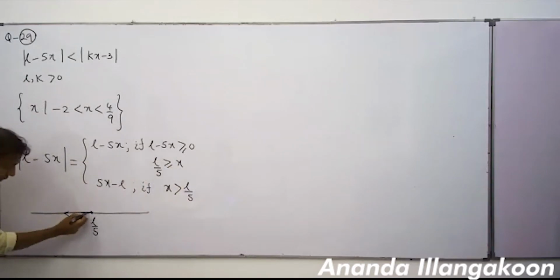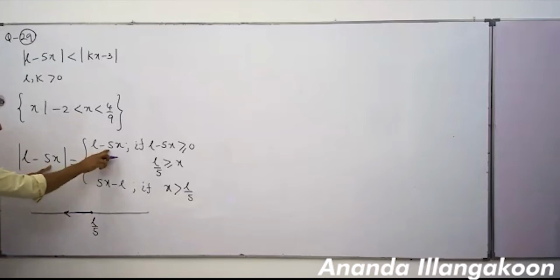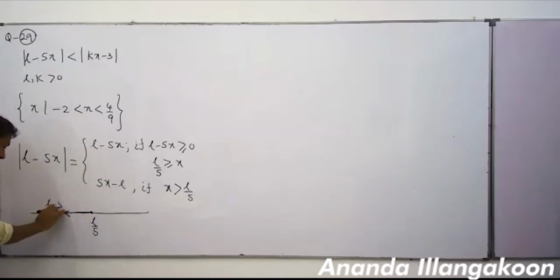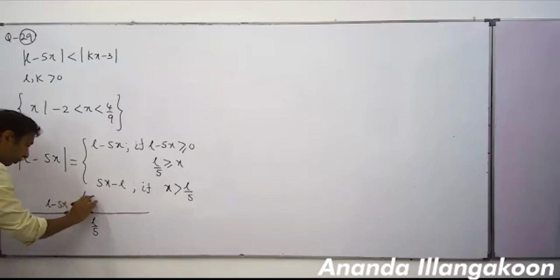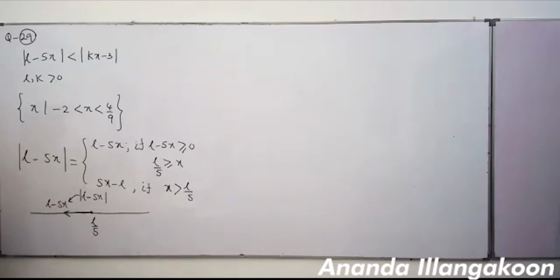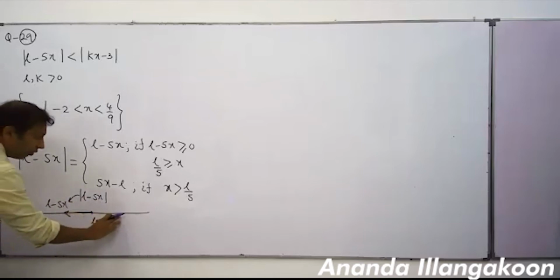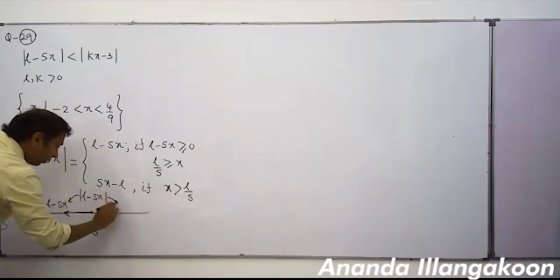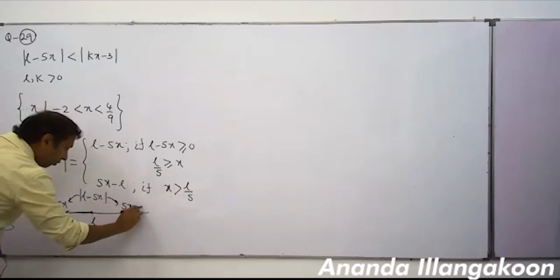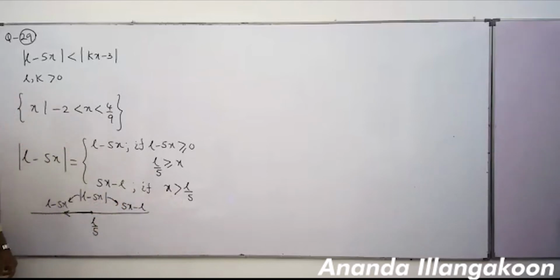Including L by 5 and to the left, mod of L minus 5x is equal to L minus 5x. Greater than L by 5, it is 5x minus L. Then I am going to draw, people.